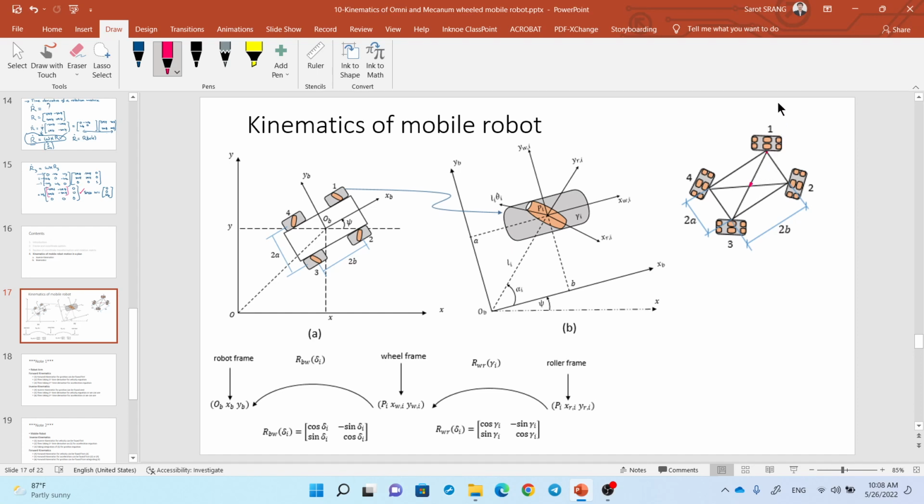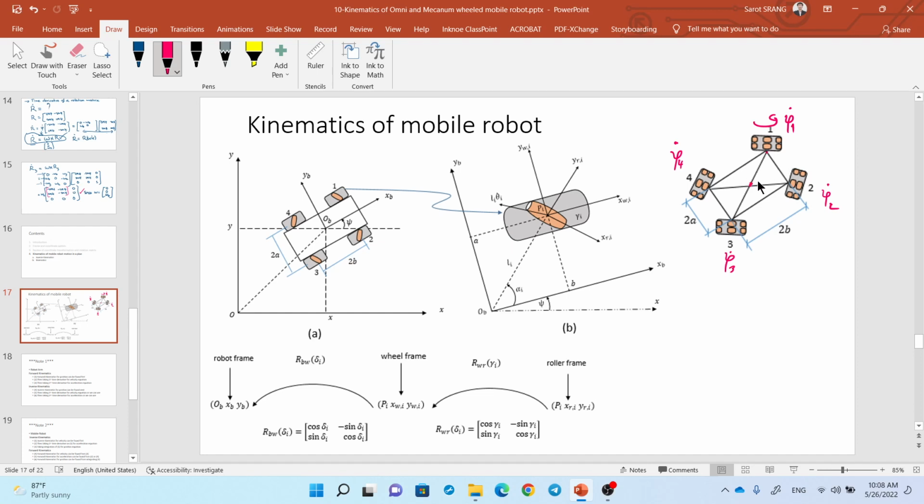Okay, so given the rotation angular velocities, let's call them phi 1, phi 2, phi 3, and phi 4, phi dot. So these are the angular velocities of the motors on the wheels.